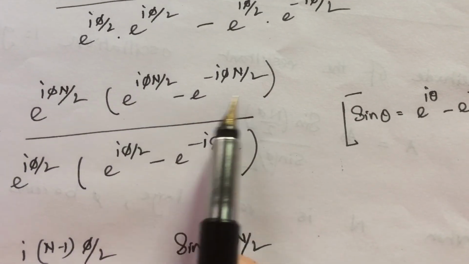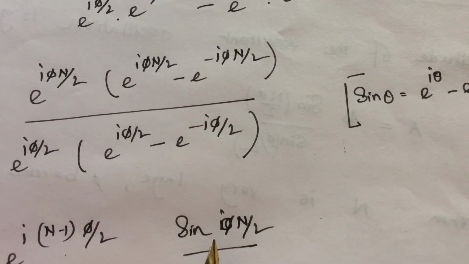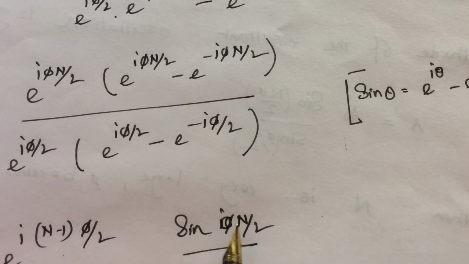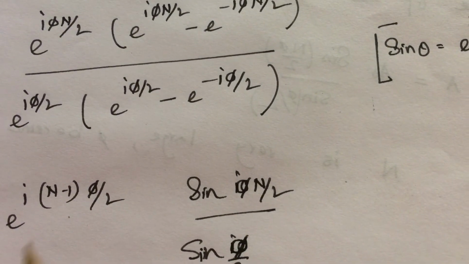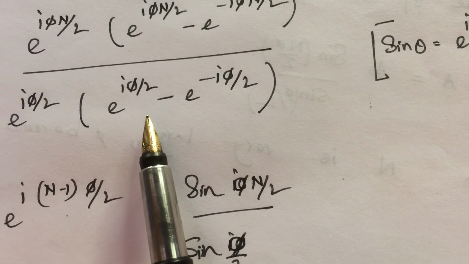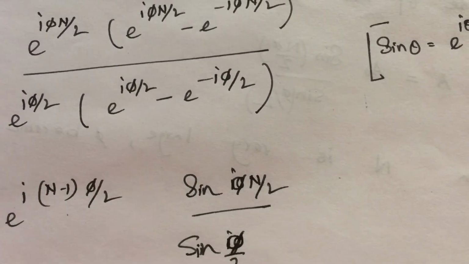So in the numerator, in place of this quantity in the first bracket, I can write sin nφ by 2 or φn by 2, and in the denominator I may write sin φ by 2 only.